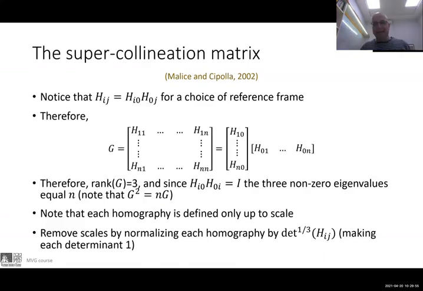What you do is, given the feature points, you estimate the H's, then you normalize the determinant, then you project to rank 3 and factor to get the H's. That would be a solution to finding a consistent set of homographies. Questions on that?